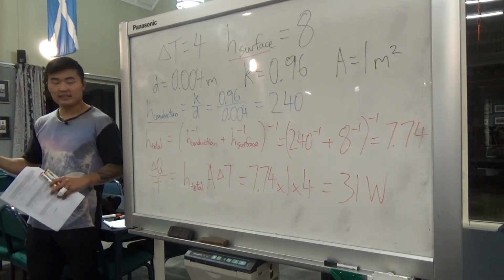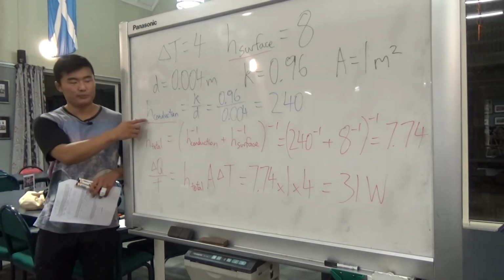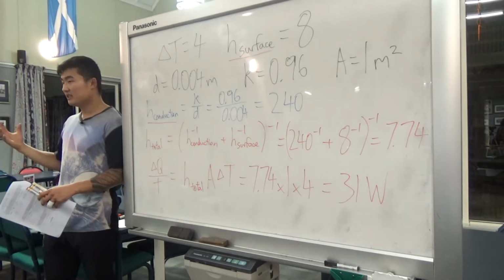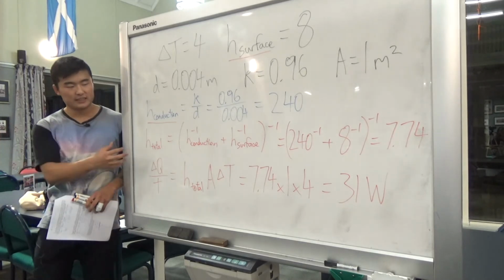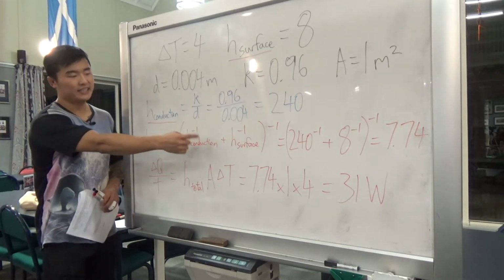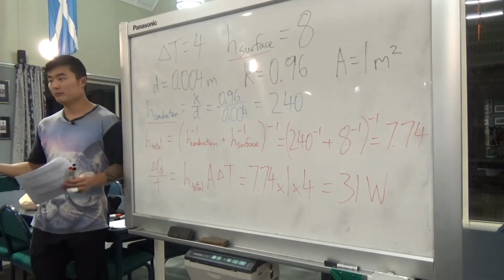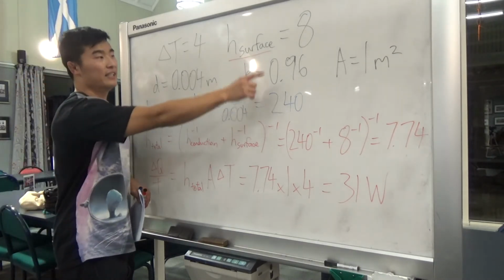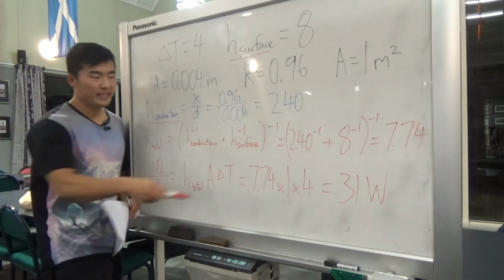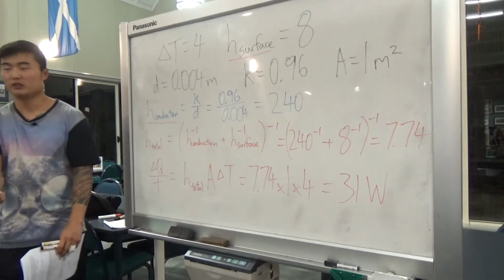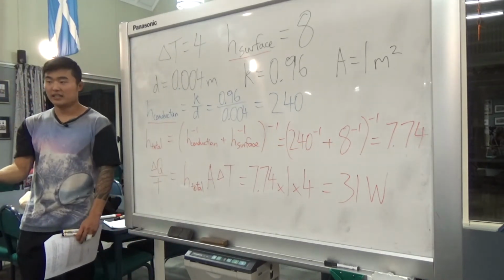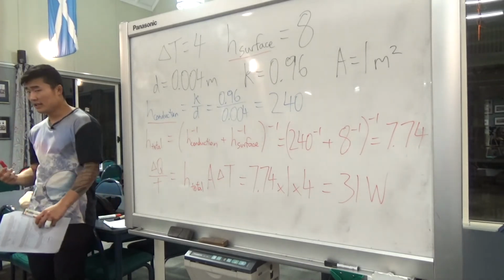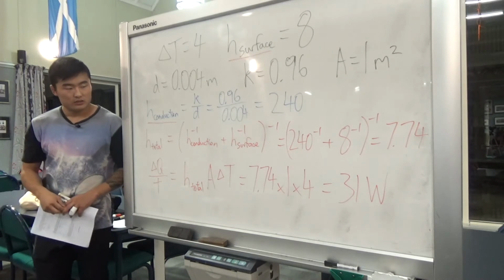So if you add another layer, the total H should become smaller, not larger, right? And if you add it like this, the total will become smaller, because you see how we added 240 and 8, but it became 7.74, which is smaller, right? So that's why we do that. Yeah. Okay.